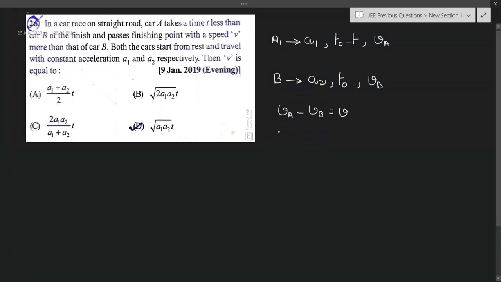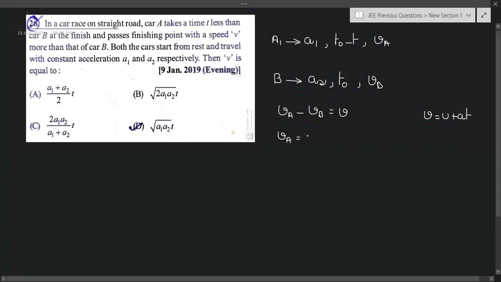Now we can write VA, using the formula v equals u plus at. So VA is equal to UA, which is 0, plus the acceleration of the first car, a1, into the time, t naught minus t. Now VB equals UB, 0, plus the acceleration of the second car into the time taken, t naught.